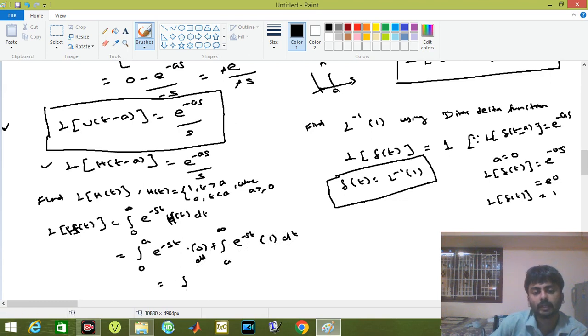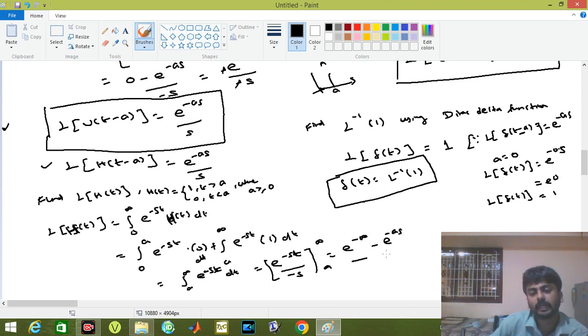So we get integral a to infinity of e power of minus st dt, which gives e power of minus st by minus s. For the limits you will get e power of minus infinity minus e power of minus as, all by minus s.